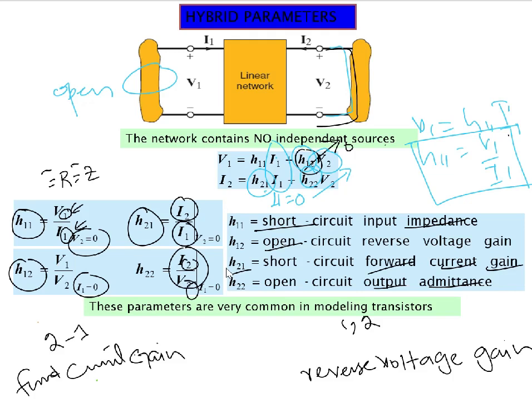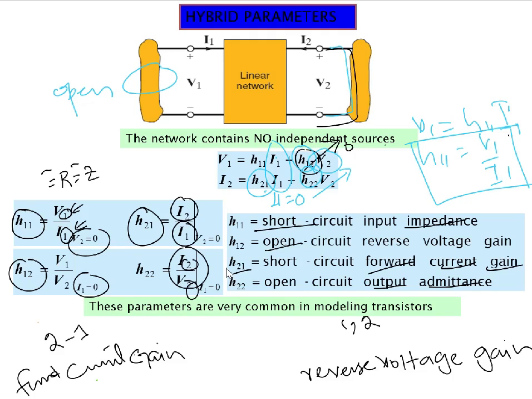This is the nomenclature of the hybrid parameters: H11 is 1 by 1, H21 is 2 by 1, H12 is 1 by 2, and H22 is 2 by 2, and impedance and admittance depend upon V by I or I by V. So two cases are covered by this, and gain is covered by I by I or V by V. 1 by 2 makes it reverse gain, and 2 by 1 makes it forward gain. These terms will be used in the future.